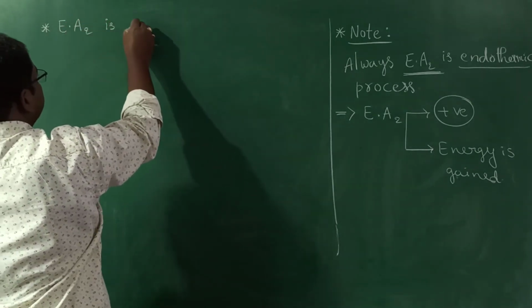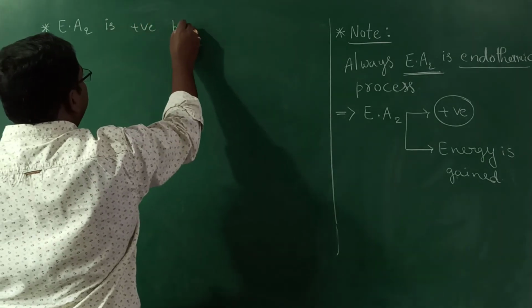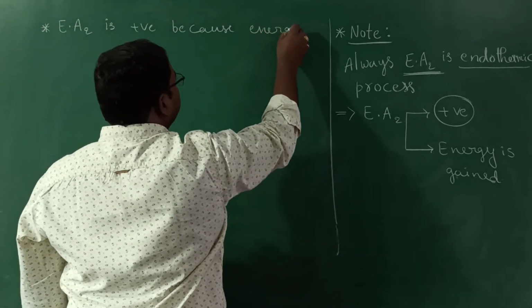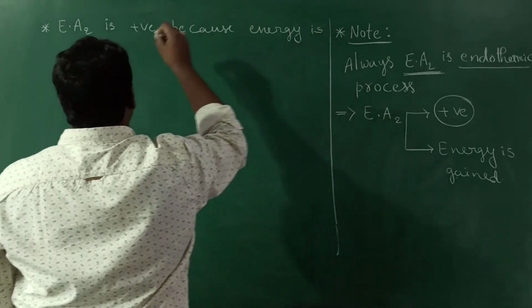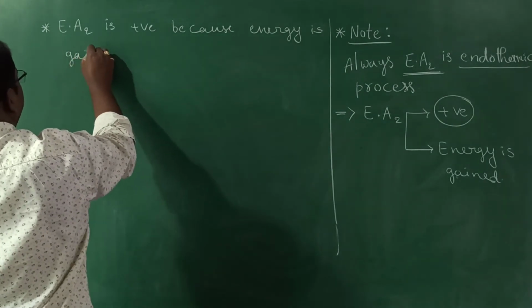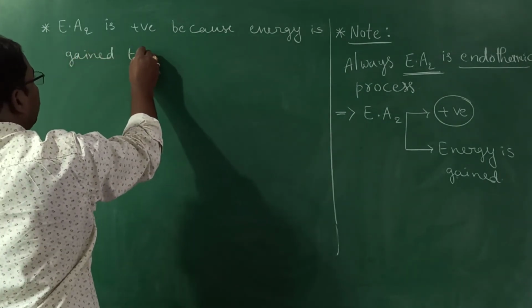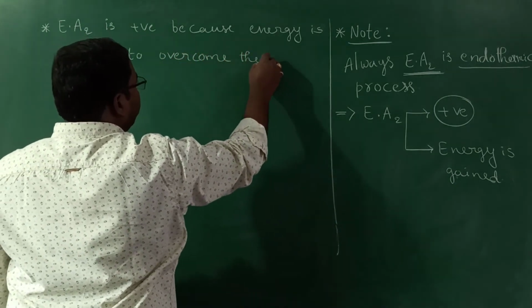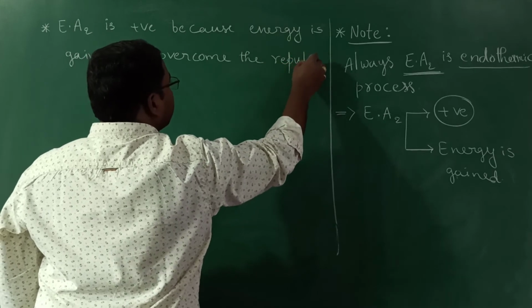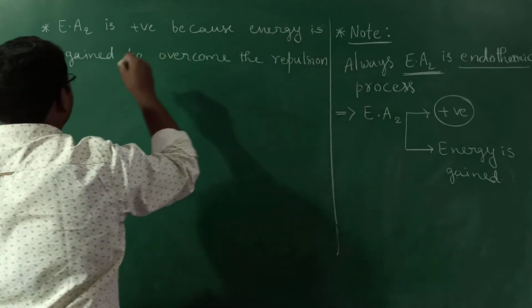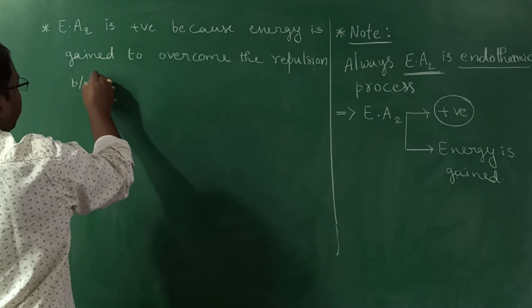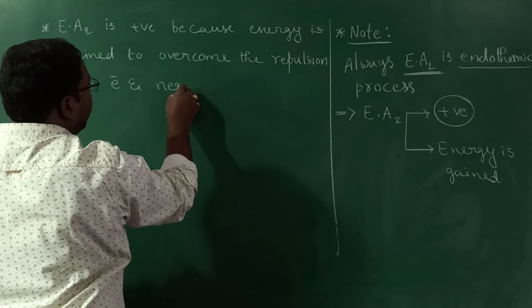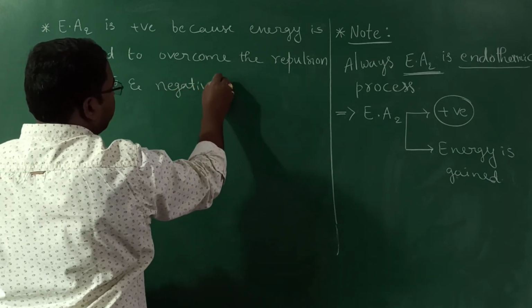EA2 is positive because energy is gained. Energy is gained to overcome the repulsions between the electron and the negatively charged ion.